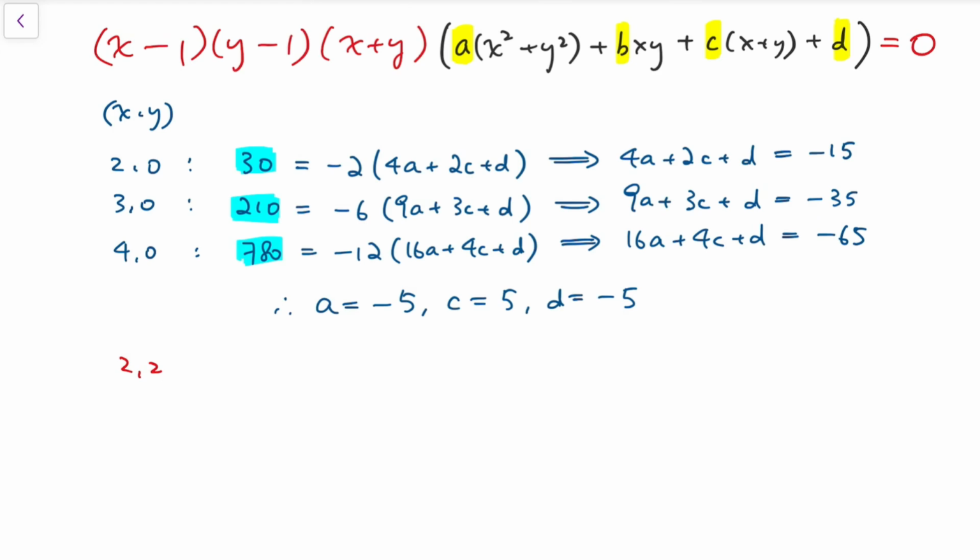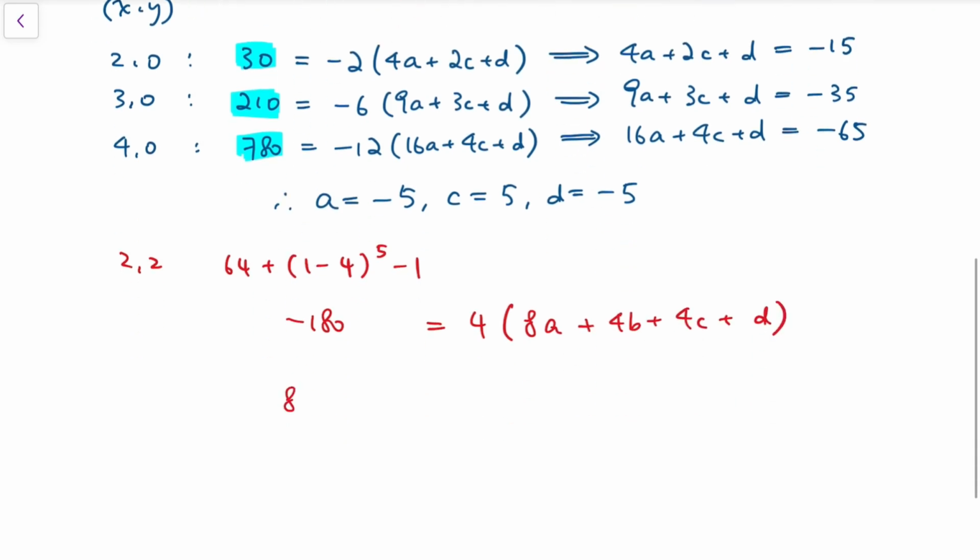So let's try. If we put 2 instead, then we'll have 64 plus 1 minus 4, all to the power 5 minus 1, and that is minus 180. And that equals 1 times 1 times 4, so that's 4 times (8a plus 4b plus 4c plus d).